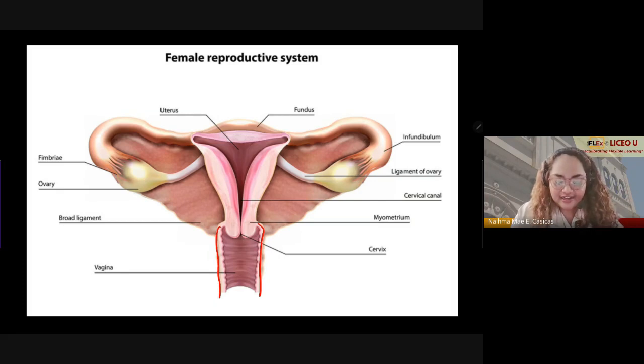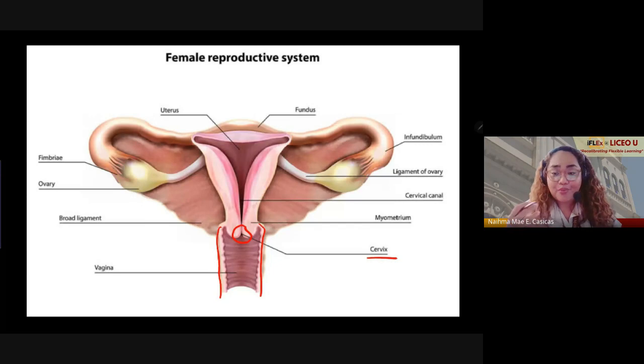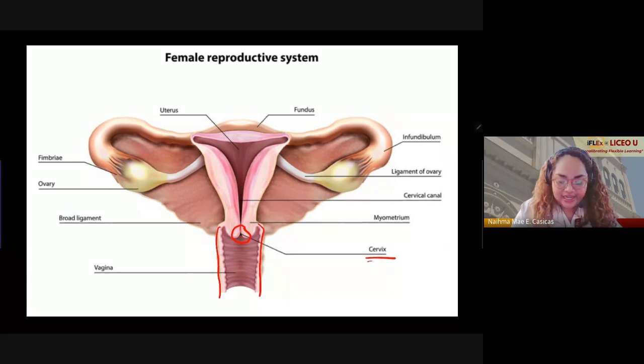And then the opening between your vagina and your uterus is your cervix. So a lot of, not really a lot, but there are a number of women that have reproductive system na mga cancers. So usually cervical cancer na siya. Okay? And then kanidayon siya, this will then lead to your uterus.